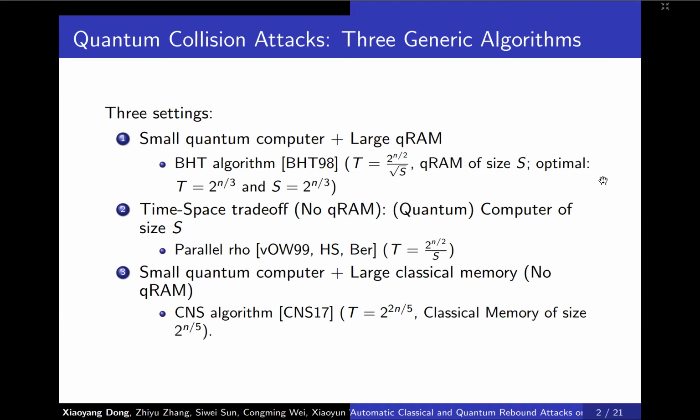The second is the tradeoff algorithm, and the parallel rho algorithm is the best algorithm. The third setting is that we have a small quantum computer but a large classical memory and no QRAM. Then the CNS algorithm can achieve the best.